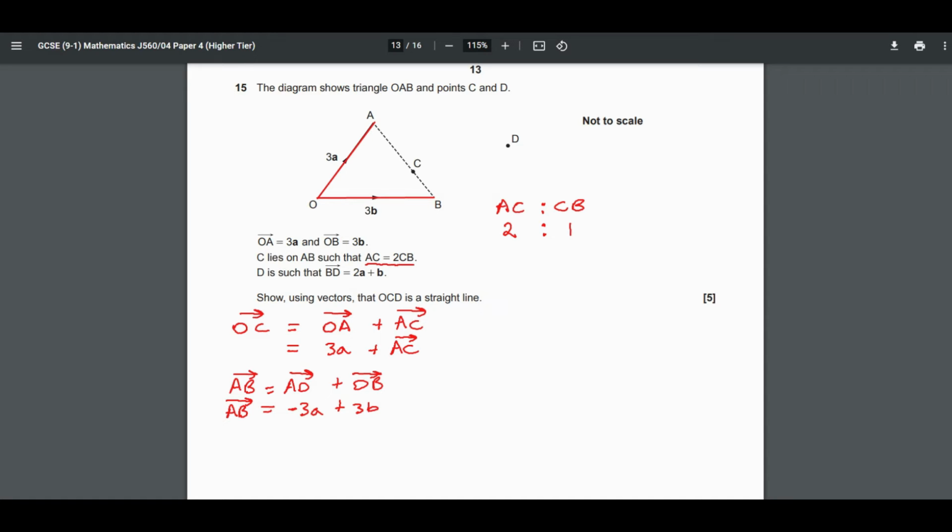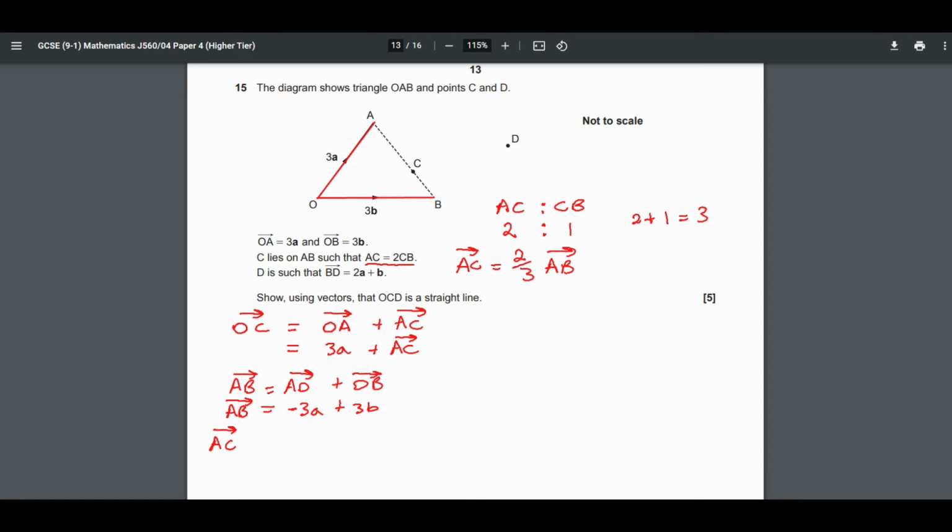If we add these two ratios together, 2 plus 1 is equal to 3. So the fraction of this line can be shown as 2 over 3 for AC. So A to C is equal to 2 over 3 of our A to B that we just found, which is very important.